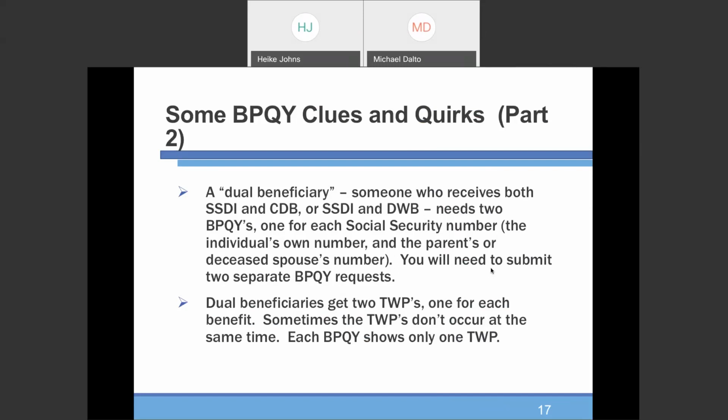They wouldn't have any trial work months used when they first became eligible for the second benefit. They might then use trial work months on that second benefit later, but the two trial work periods would not be aligned. The older benefit might have had more trial work period months used than the newer benefit.